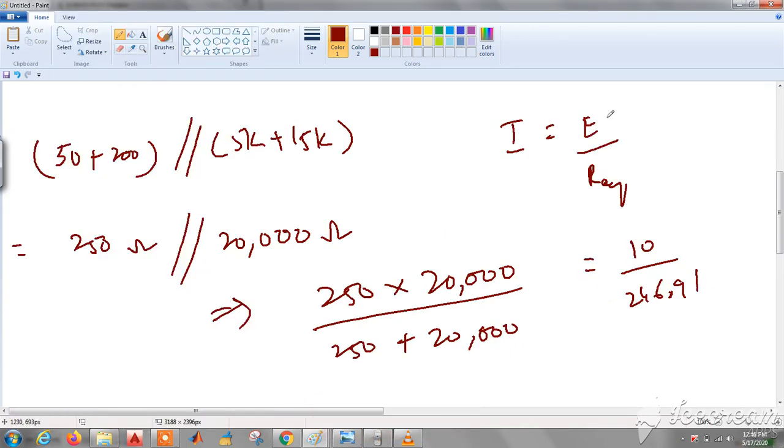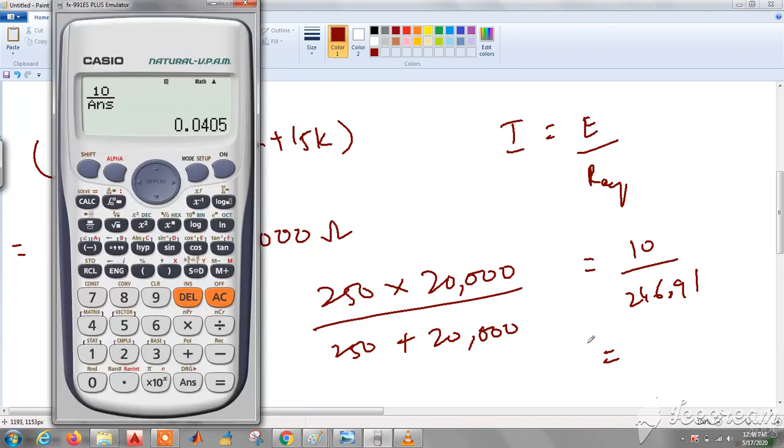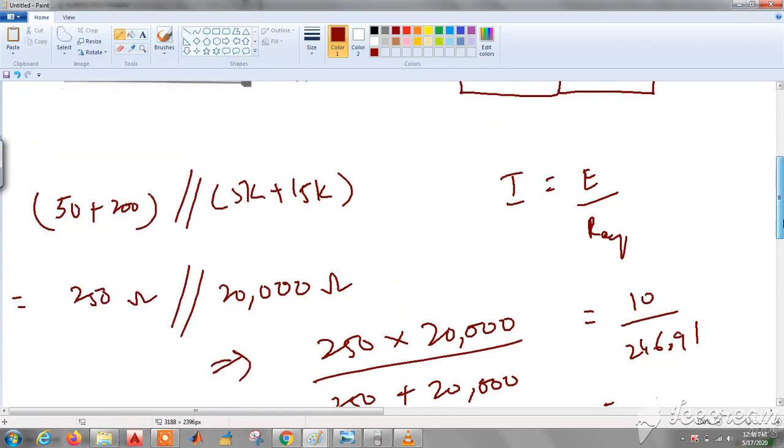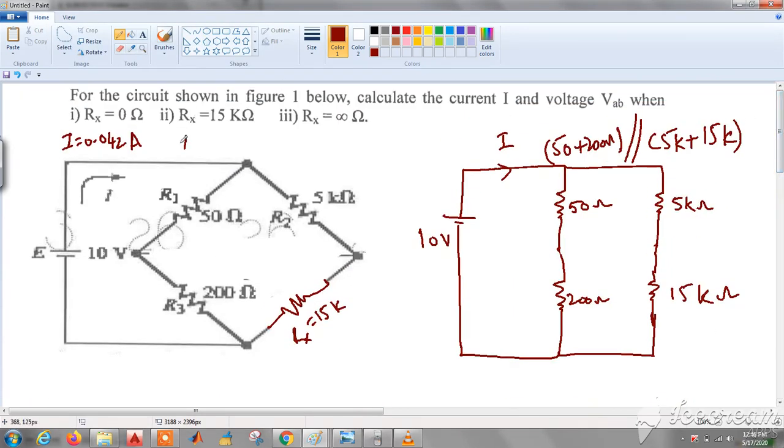So we know that the current is E by R equivalent. So 10 by 246.91. We will get the current as 0.0405 amperes, or 40.5 milliamperes. So the current is 40.5 milliamperes. Here also I can write 42 milliamperes.